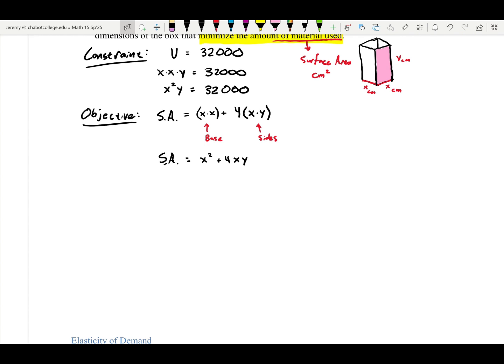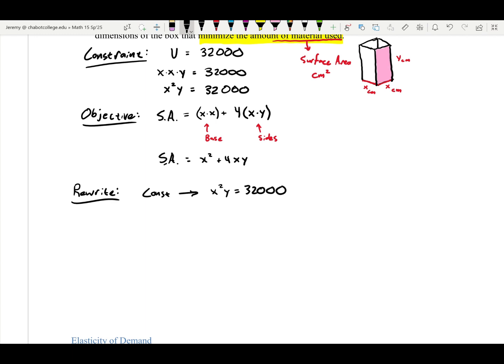Now we have our constraint, we have our objective. I think we're ready for the rewrite step. I'd like to express this objective equation in terms of just one variable, so I could have it as a function in x. And you probably know where we're going with this. I'm going to take my constraint equation, which was x squared y equals 32,000.